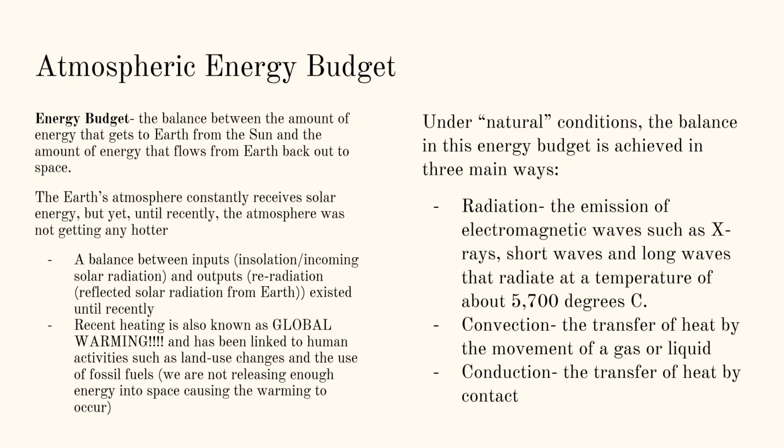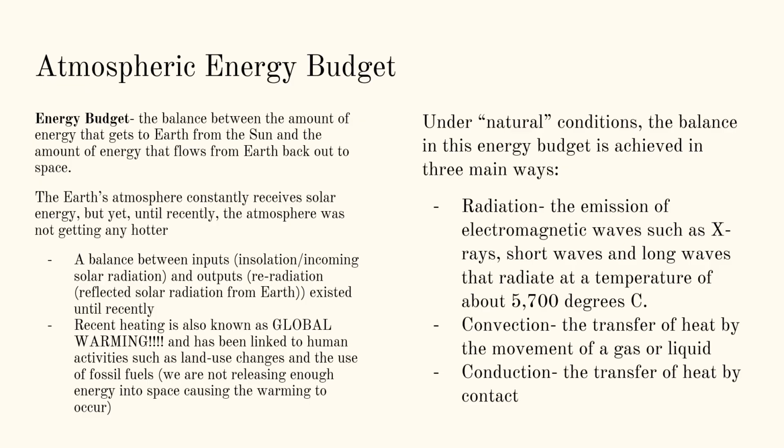This has been linked to human activities like land use changes, like we talked about in the urban environments unit, where we're making things that absorb more heat and keep things hotter here on Earth, but also the use of fossil fuels, which act as greenhouse gases that absorb greater amounts of heat.